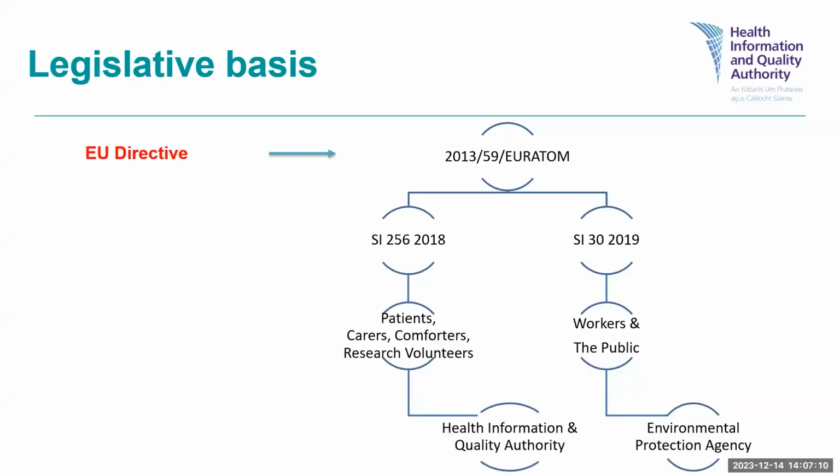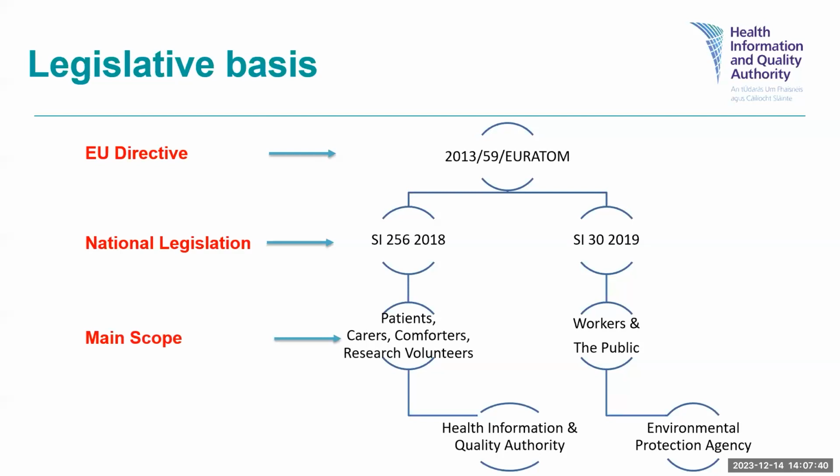So I recognize this is a busy slide, and I'll step down through each stage with the legislative background. The European Union Directive sets out the requirements for each member state in relation to medical exposures to ionising radiation. This directive was transposed into Irish law through two main pieces of legislation, which are SI 256 of 2018 and then SI 30 of 2019.